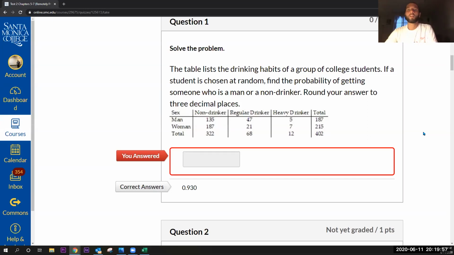Yeah, would you do 187 minus, and then what? I definitely know that you start with that 187 because that's all of the males. The number of males, 187. Okay, good. What else?